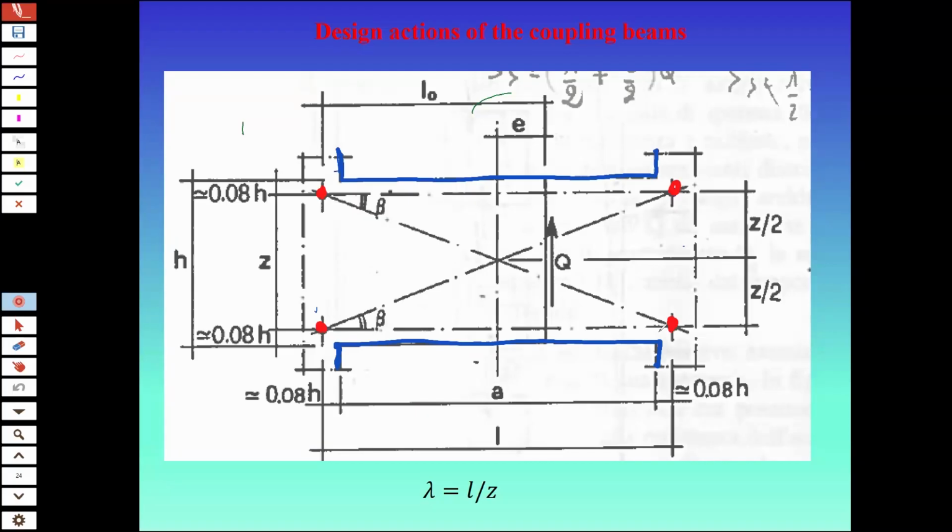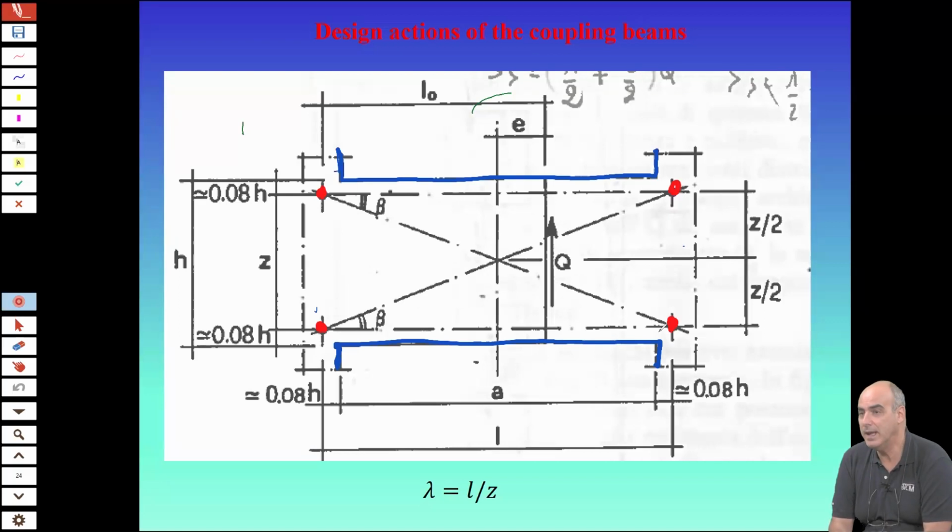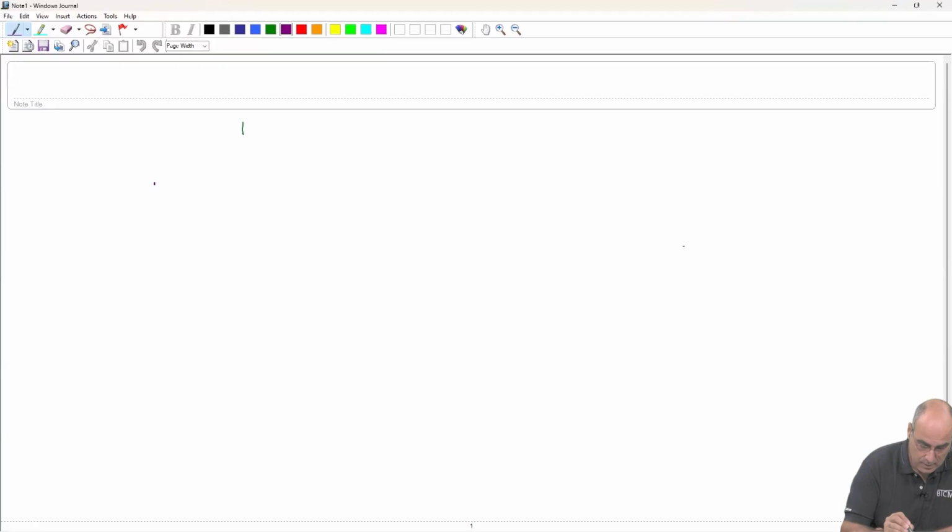No. If you go back to the lecture that we made on Friday, what kind of element is this? It is a D region, a wall. So we have to, you know, design.